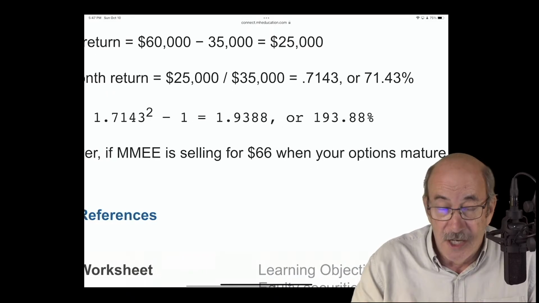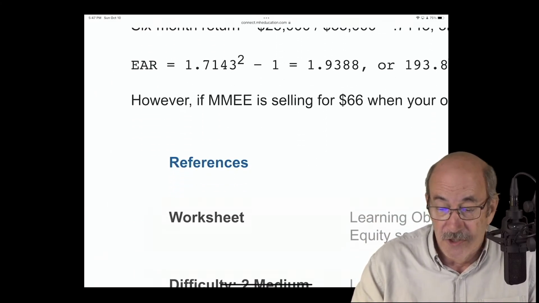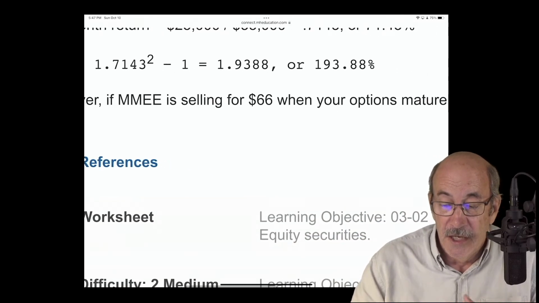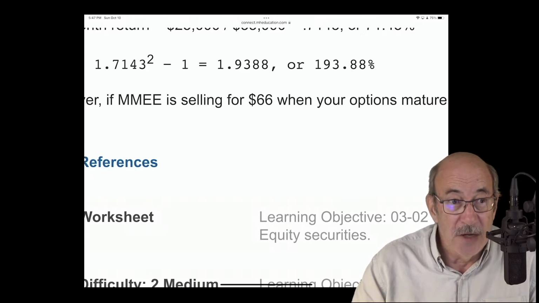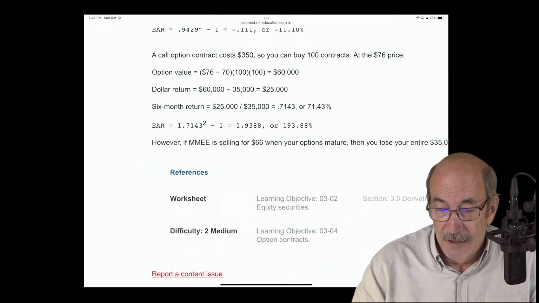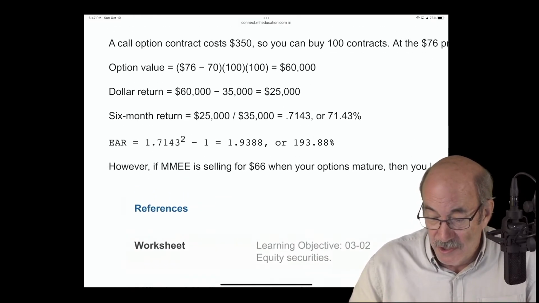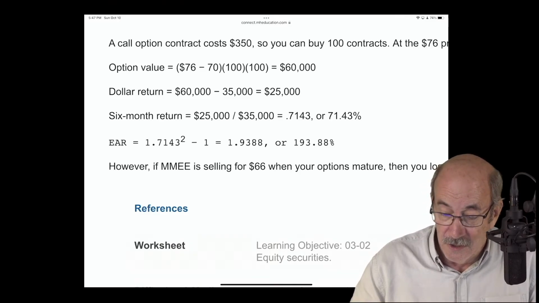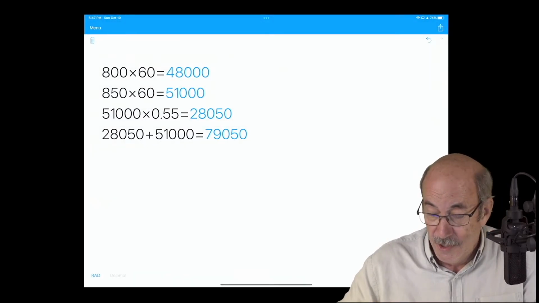Since that's on a 6-month basis, when we annualize it, 1 plus 0.7143 raised to the second power minus 1 gives us a 193.88% return. So they're carrying along a bunch of unnecessary zeros. A simpler way to do that and still get the right answer is right here.